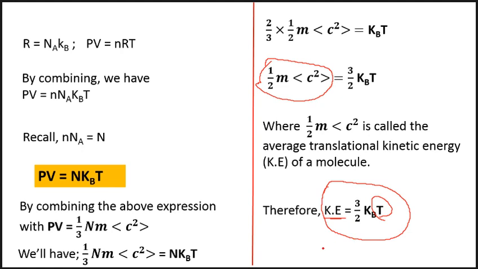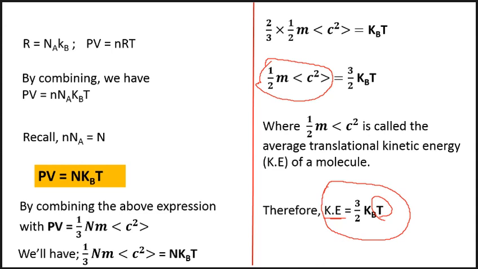With this, we've been able to see how average kinetic energy can be related to temperature, and now we can use the Boltzmann constant to relate the average kinetic energy and the thermodynamic temperature, which justifies the definition I gave for the Boltzmann constant.